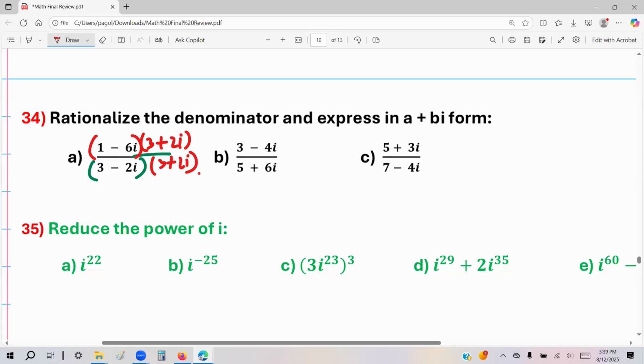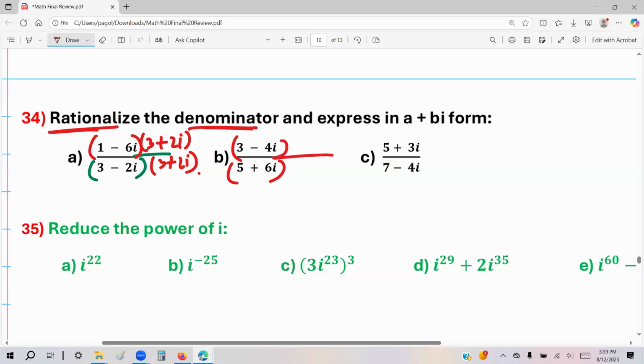And then you know what to do. Denominator has conjugate, so it's difference of perfect squares. Numerator is just multiplication. Always rationalize the denominator for i.